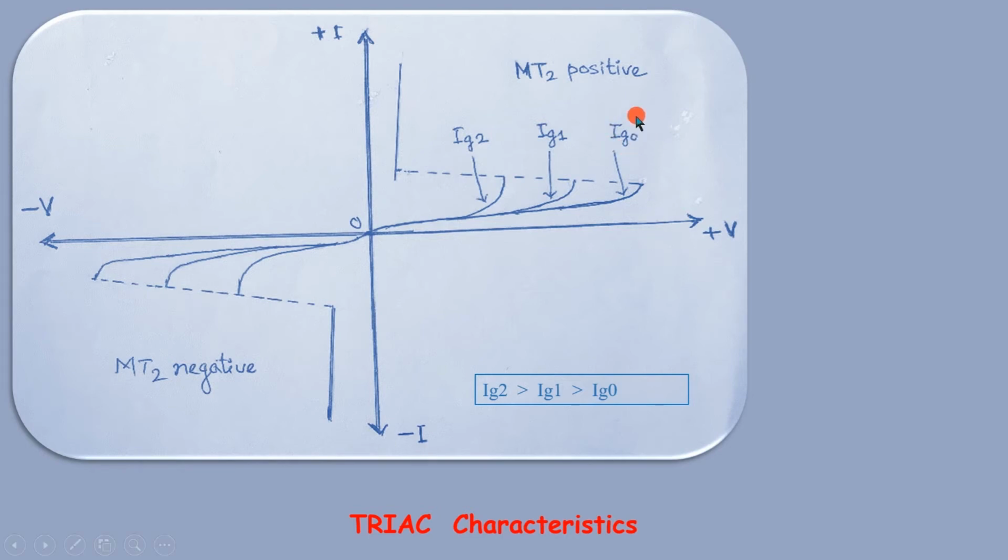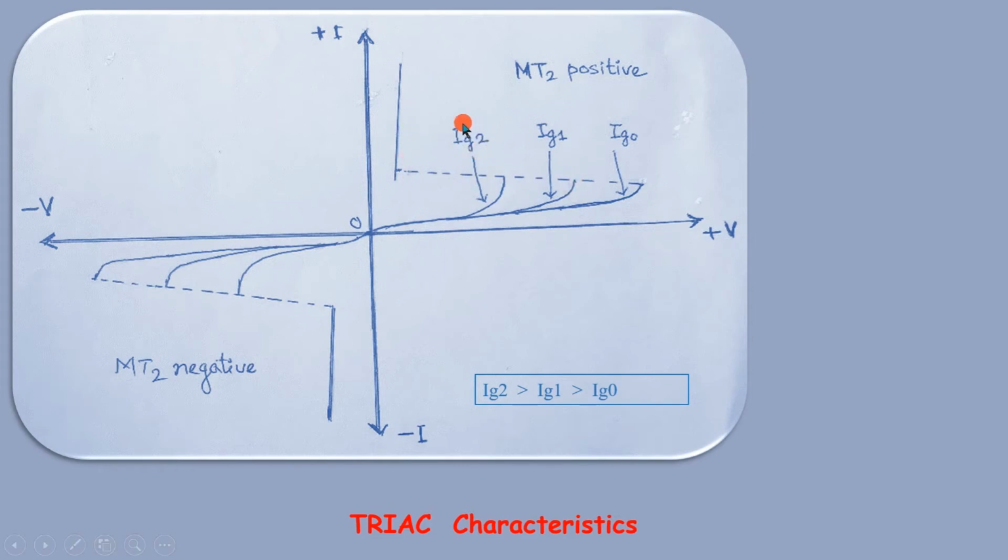And this Ig0 means when the gate current is 0. But now, if you inject a small gate current, say Ig1, the characteristic is the same except it fires at this voltage, and after firing the characteristic is the same.